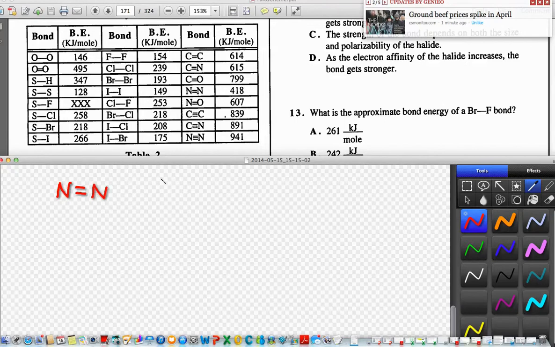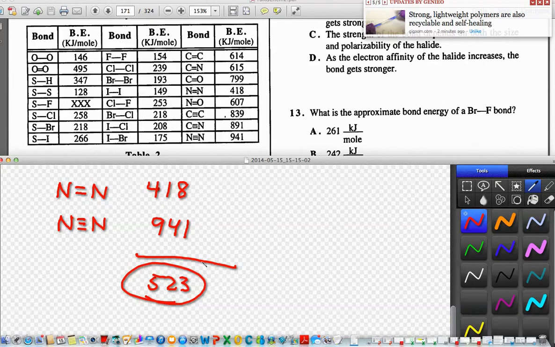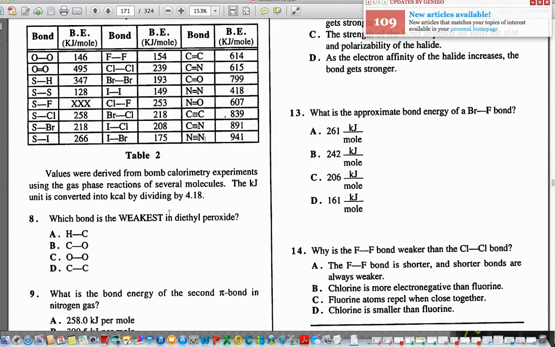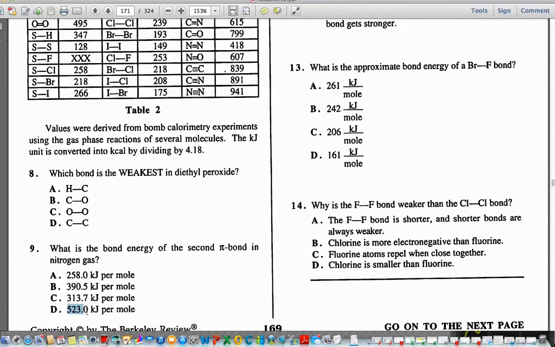Nitrogen-nitrogen double bond is 418, while a nitrogen-nitrogen triple bond is 941. I subtract the two, that's 523. Pretty big difference. That's answer choice D. So number 9 should be D.